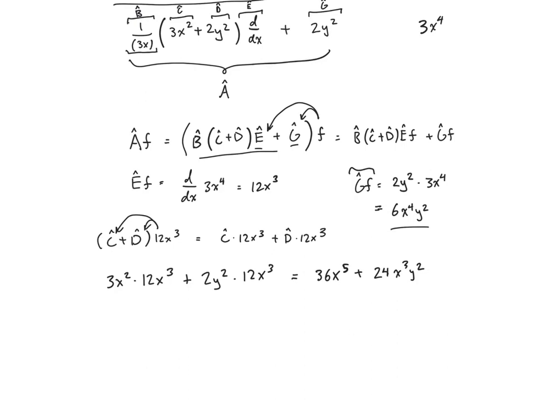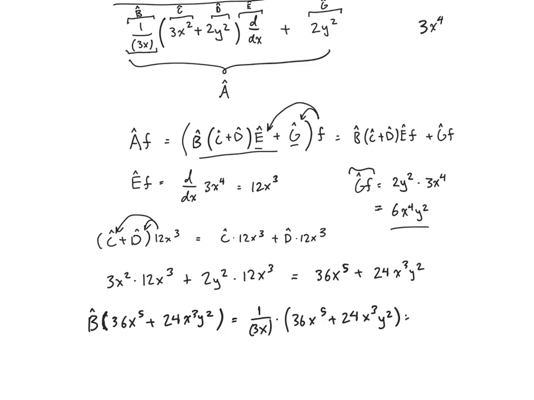The last step is to apply the B hat operator. So B hat of my function 36x to the fifth plus 24x cubed y squared. All that is just 1 over 3x times 36x to the fifth plus 24x cubed y squared.